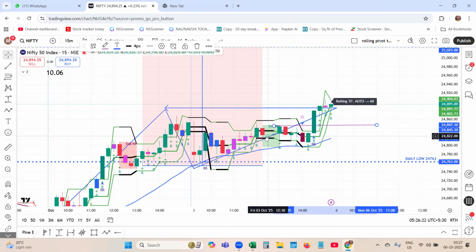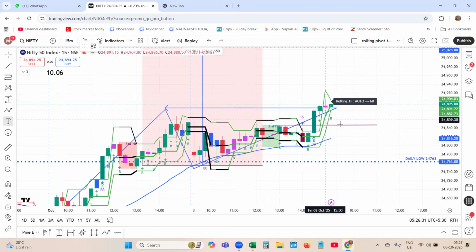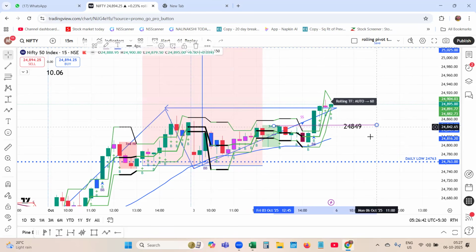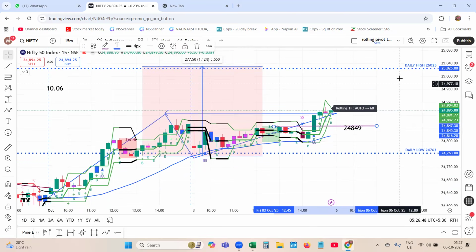This is the third hourly breakout. Any dip to 24,849 is a very good watchful area. So any dip is a buying opportunity to go long in the Nifty to the target of 25,025.